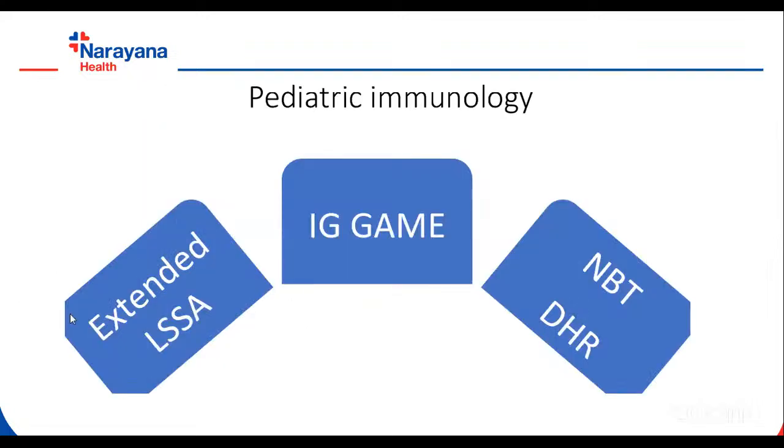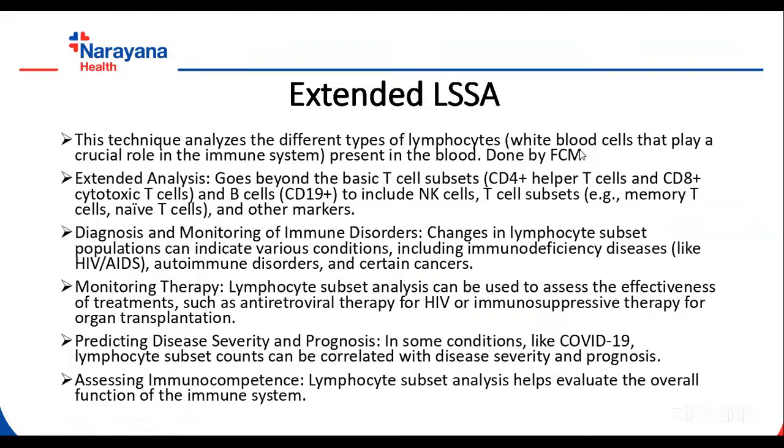A small section on pediatric immunology, which has tests like extended LSSA, immunoglobulin, NBT, and DHR. Extended LSSA, basically it goes much beyond your basic T cell, B cell, and NK and T cell subset.